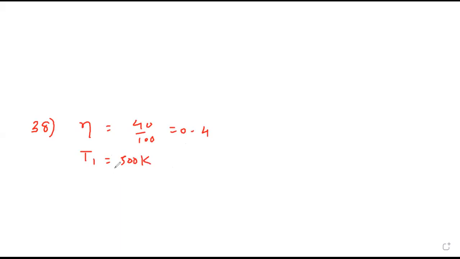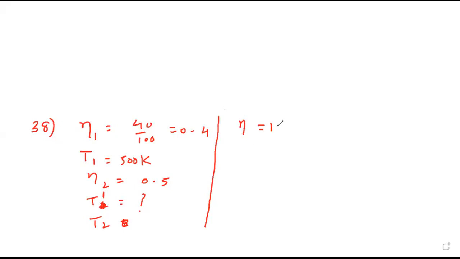The efficiency is to be increased to 50%, that means 0.5, by changing the temperature of the source. So T1 dash we have to change, with the same temperature of sink. Sink temperature is the same, how much I don't know. Find the final temperature of the source.